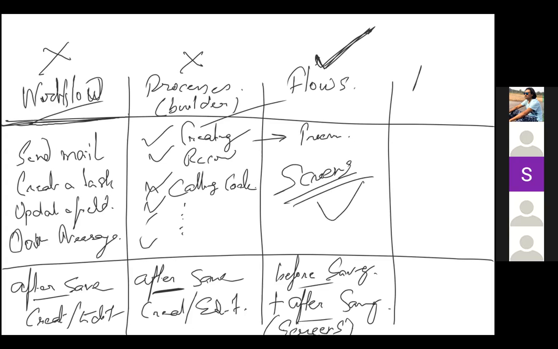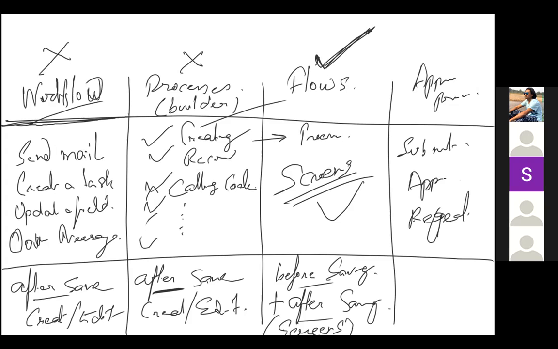And last is approval process. Approval process is basically a step-by-step mechanism through which you can submit a record for approval. Then you can either approve or reject.